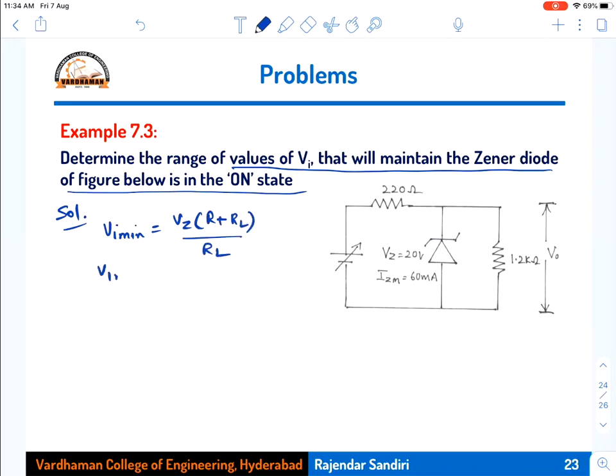Vz is given in the problem as 20 volts. So 20 into R plus RL, 220 plus 1.2 K. 220 plus 1.2 K will become 1.42 K.